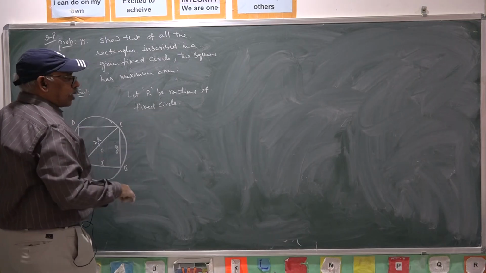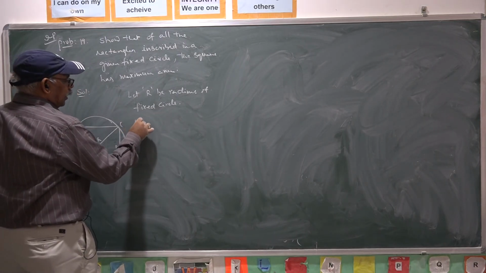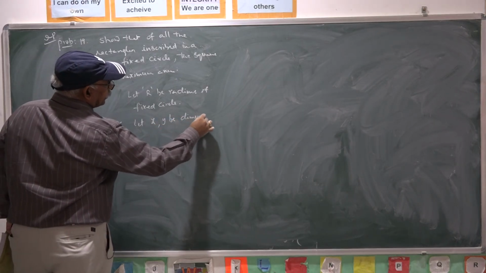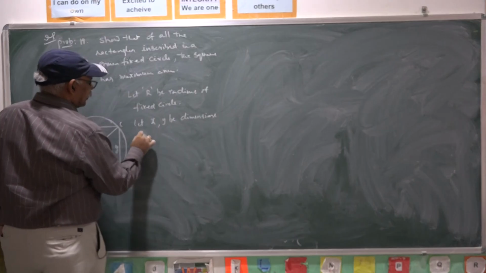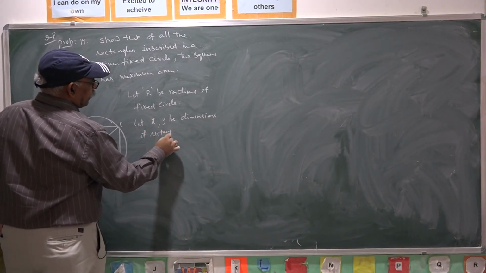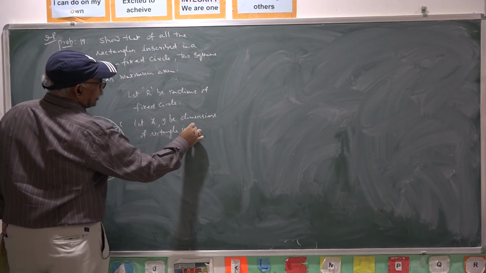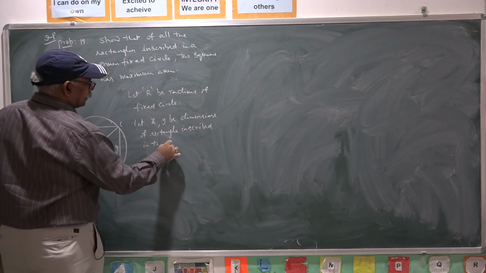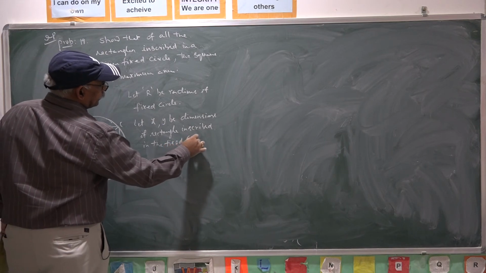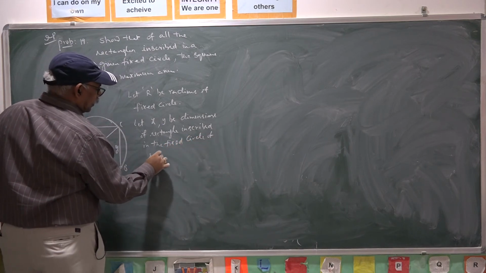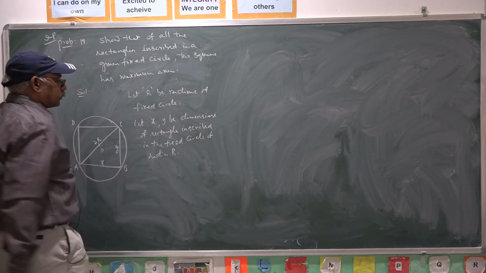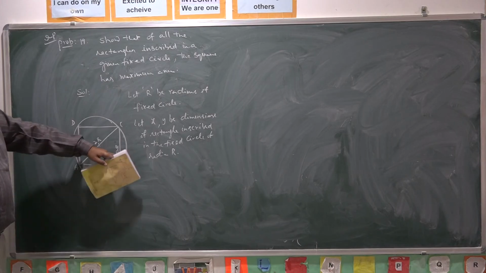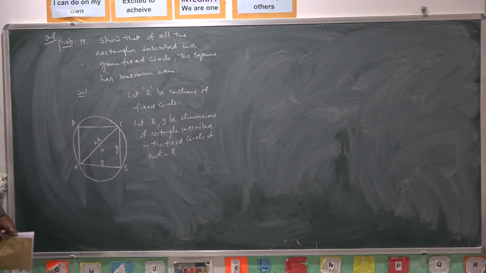Once it is fixed, there is no change in r. Let x, y be the dimensions of the rectangle inscribed in the fixed circle of radius r. Let us suppose a rectangle of sides x and y is inscribed in the circle.